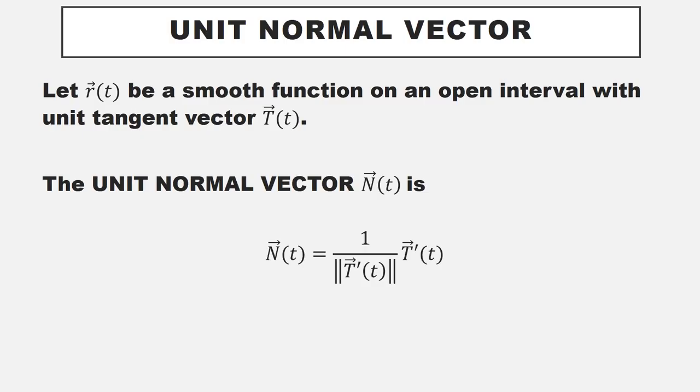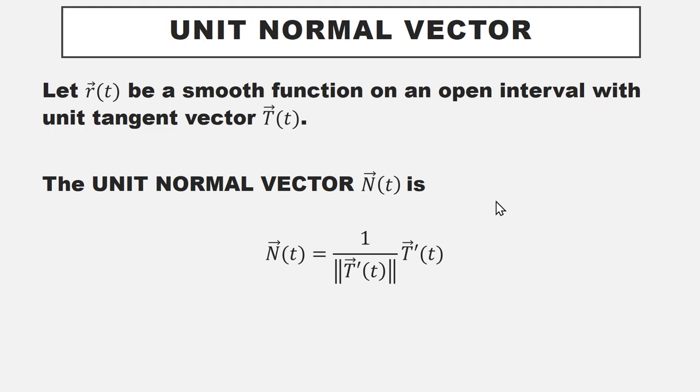Now let's look at another concept called the unit normal vector. So we're going to start out with some vector valued function r of t, and we're going to make it a smooth function so that we can take derivatives and that we can have a unit tangent vector for every value of t. The unit normal vector is the derivative of the unit tangent vector made into length 1.